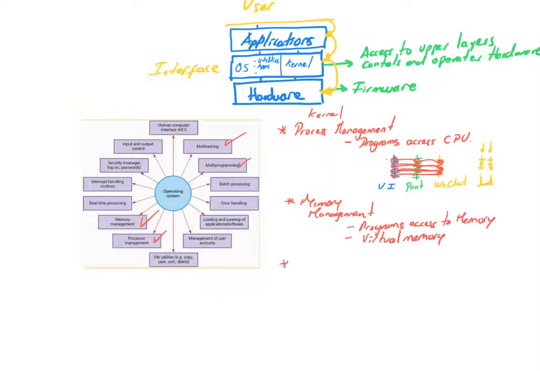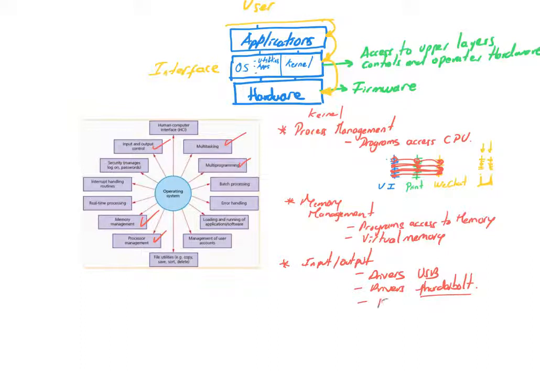Another one that is usually assigned to the kernel is the input and output control. So if we are going to handle, for example, drivers for USB devices, or drivers for Thunderbolt devices, I don't know if you are familiar with this, but this is the new port that we have been using the latest years.